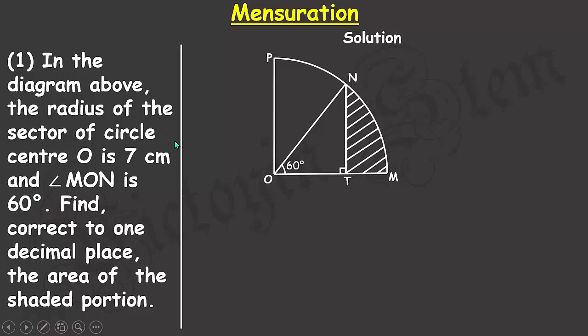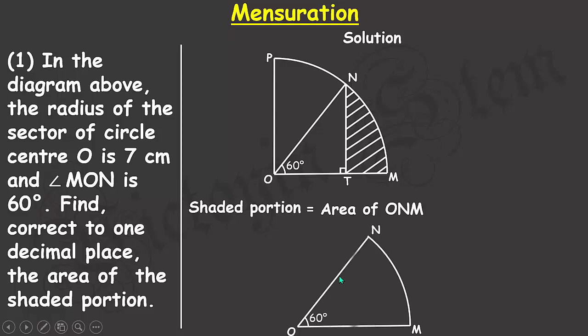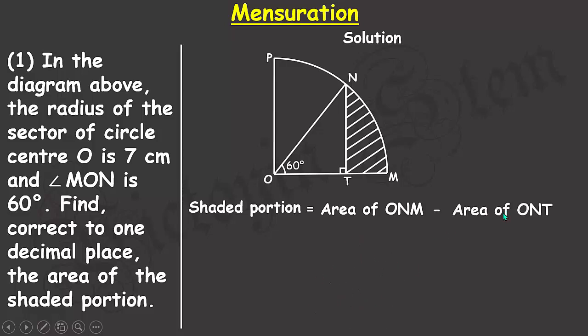Now to the first part of the question. To find the area of the shaded portion or segment, I will simply say area of sector ONM, as you can see here, minus area of triangle ONT, as you can see at the bottom over here.